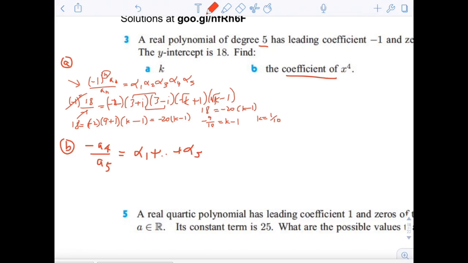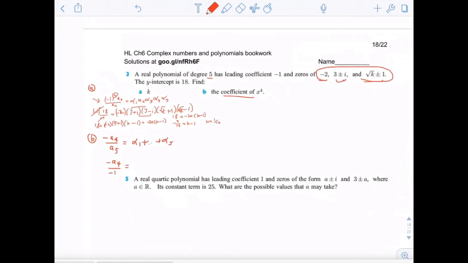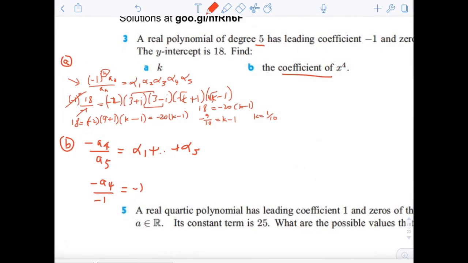In this case, a to the fourth we don't know. A to the fifth we know is -1. And those are all the roots added together. The roots are -2 plus 3 plus i plus 3 minus i plus square root of k plus 1 plus square root of k minus 1.